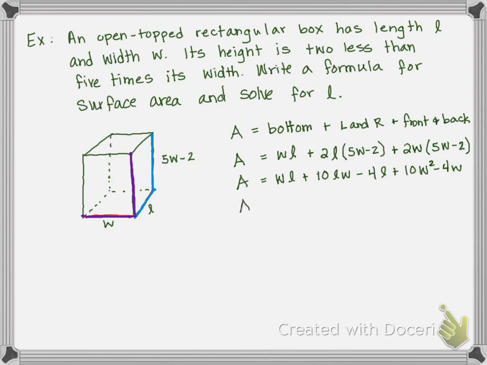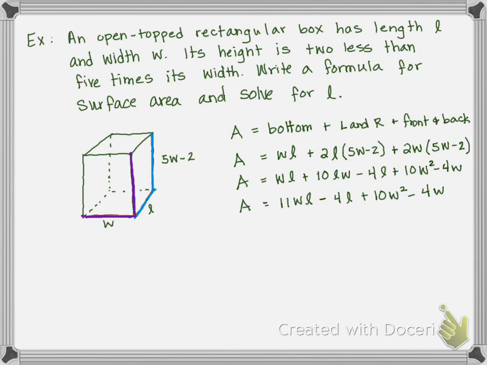I have one pair of like terms that I might as well combine. So I have 11WL minus 4L plus 10W squared minus 4W. We're solving for L, so all the terms that contain L are on the right side already.